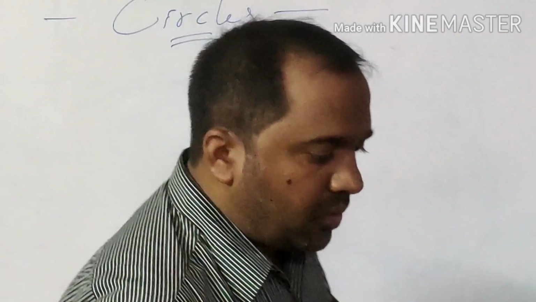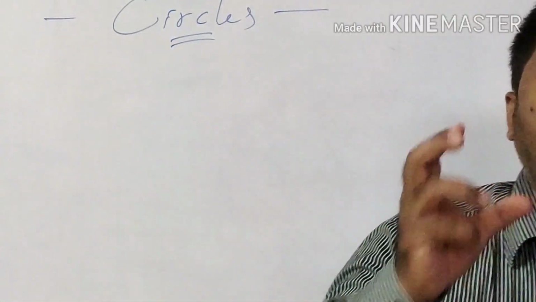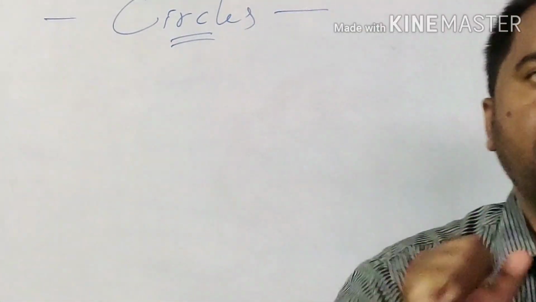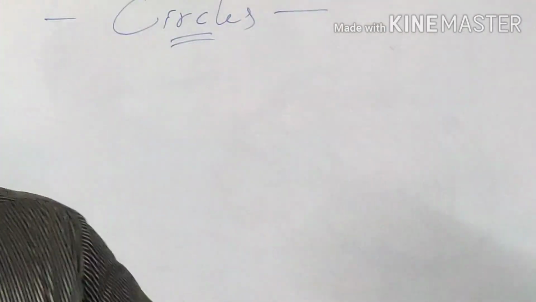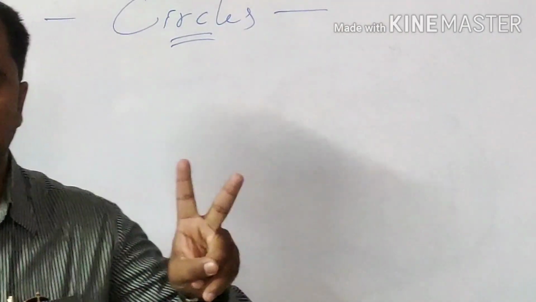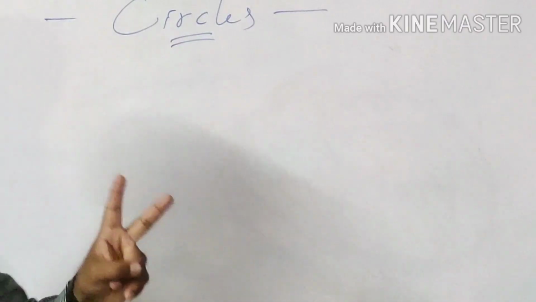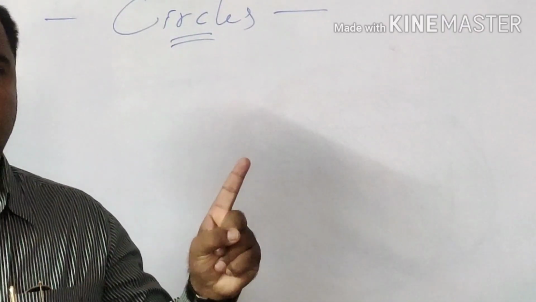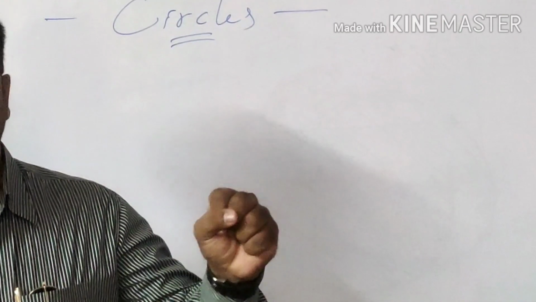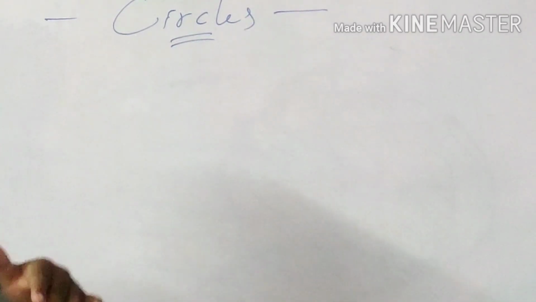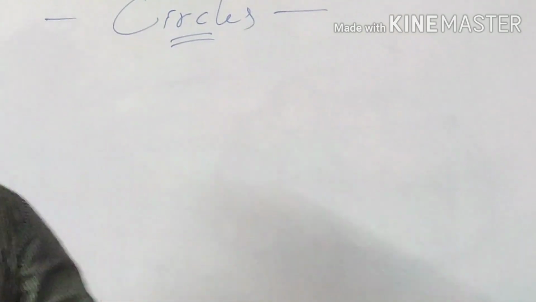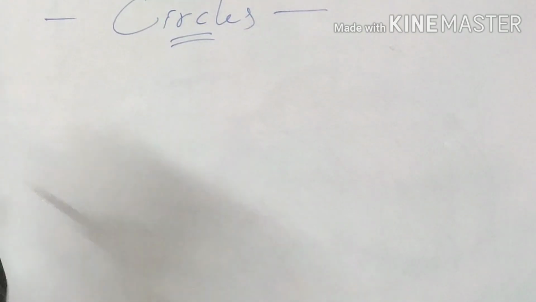Up to now we have learned the basic concepts, or basic terminologies, of circles. Now we are going to start some theorems. Basically we have two most important theorems from this chapter: angle subtended by a chord, and its converse. We will see some examples as well, so make a note of these important theorems.